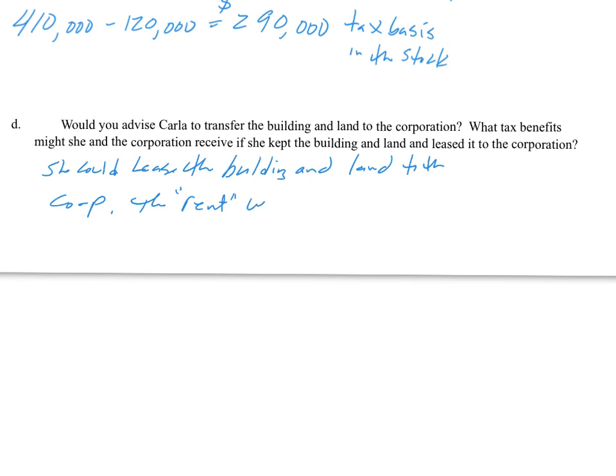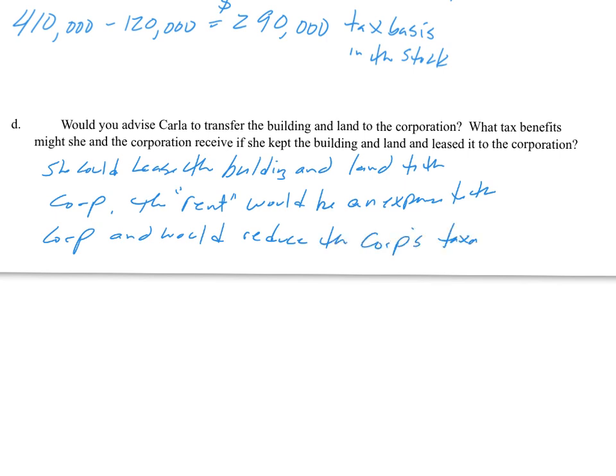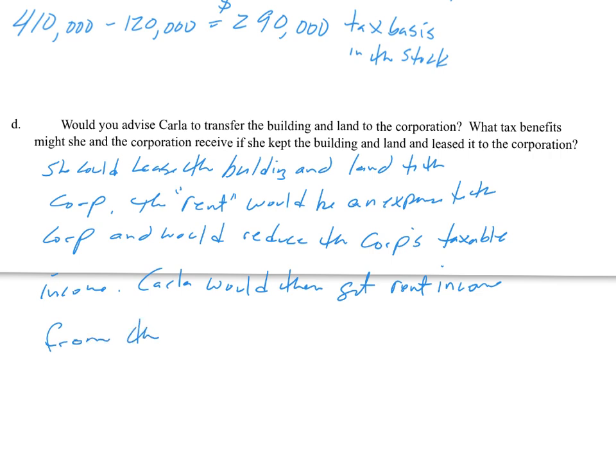The rent would be an expense to the corporation, and it would reduce the corporation's taxable income. And Carla would then get rent income from the corporation.